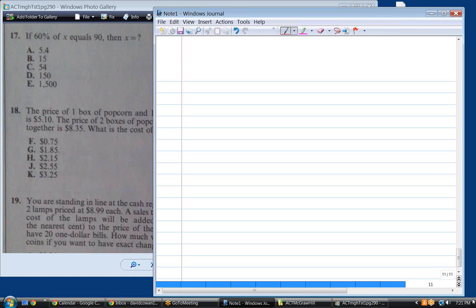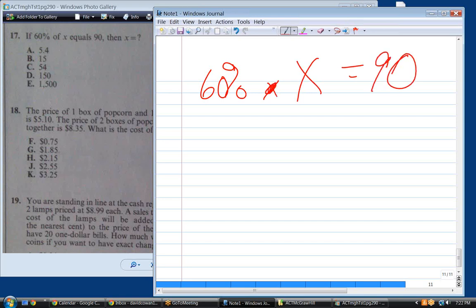What does 60% of x mean? Divide? Multiply. Of is always multiply. So 60% times x equals 90. How do I solve that? Or back solve it?